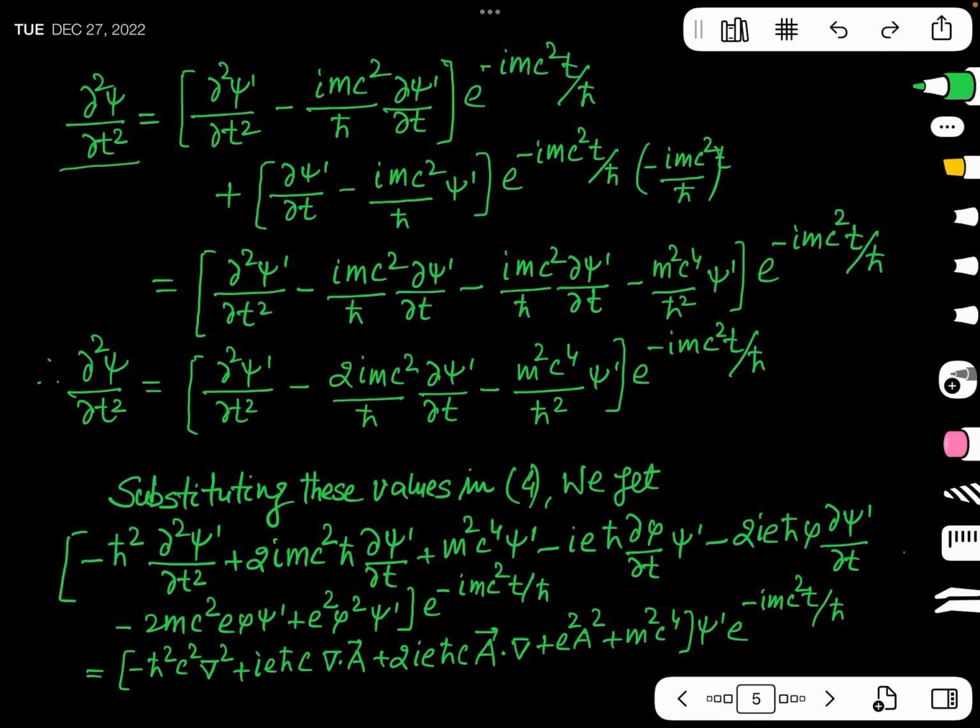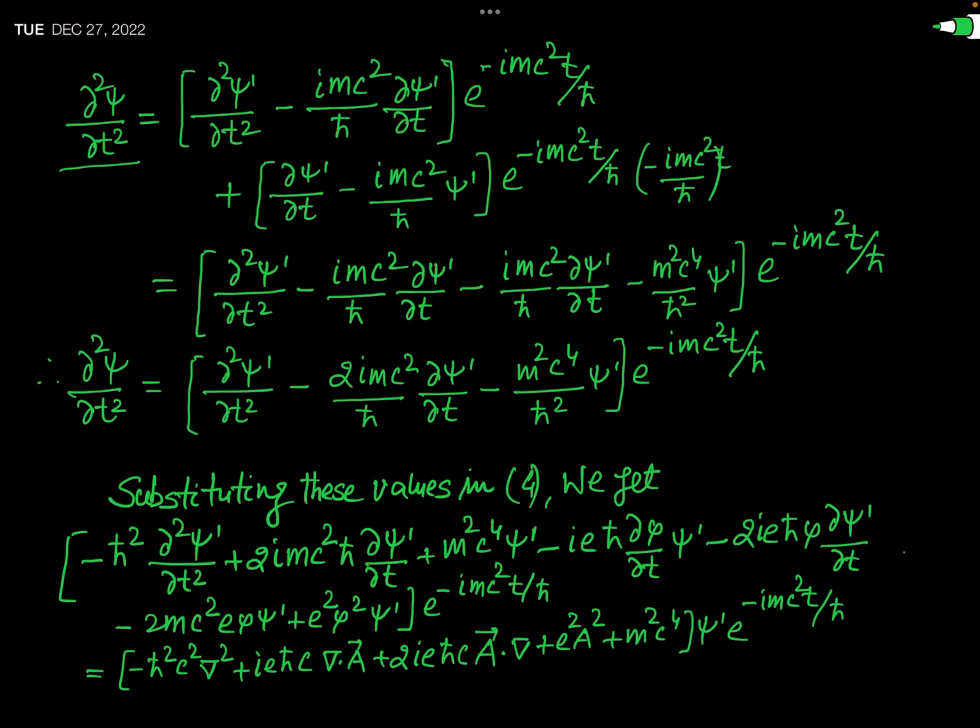When we differentiate the product of these two functions, first I differentiate the factor inside the bracket. Inside the bracket the first term was del psi prime by del t, and when it is differentiated this will be del 2 psi prime by del t square.